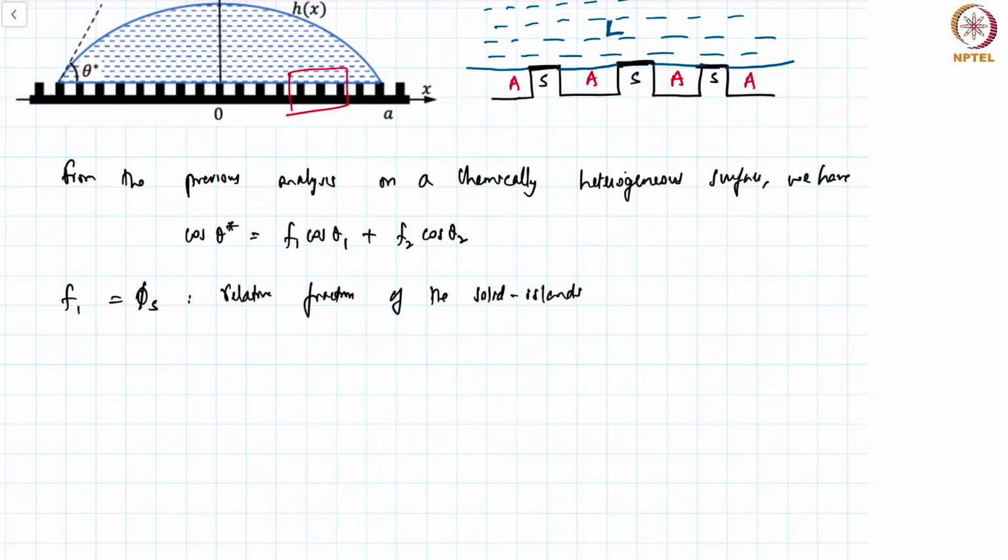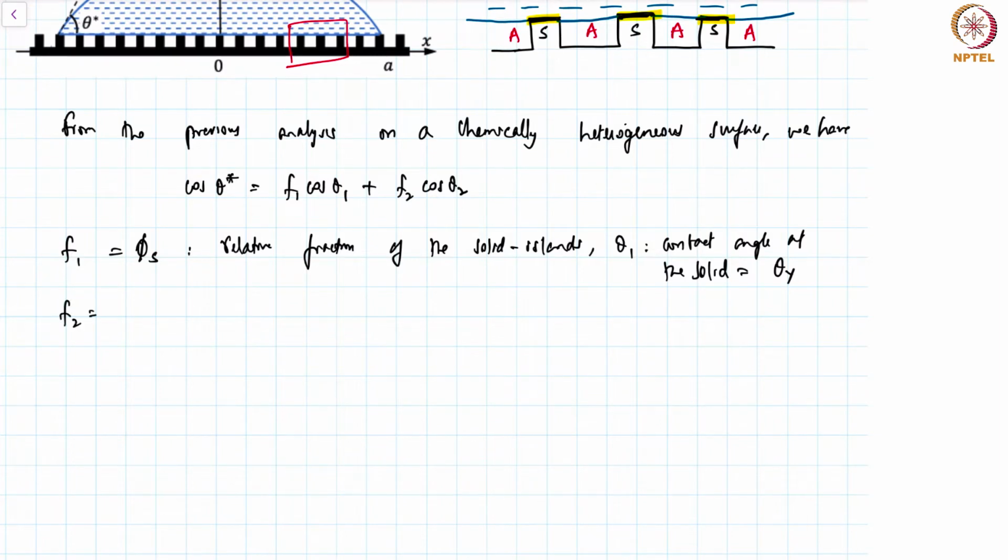That's the area that is occupied by the pillars that I'm highlighting in yellow, and that's F1, and theta 1 is the contact angle at the solid, which is the same as theta Y. On the smooth solid, the contact angle is theta Y.